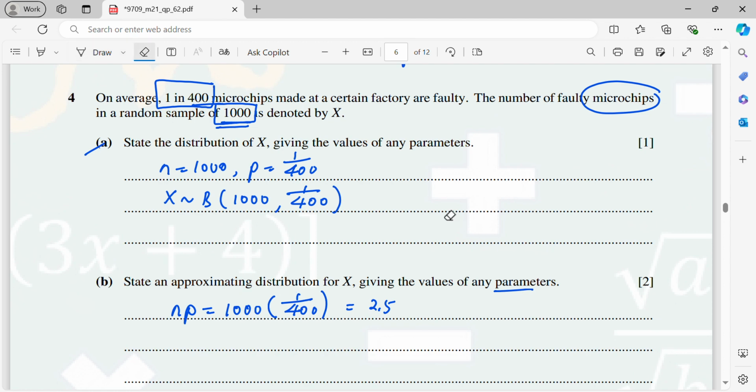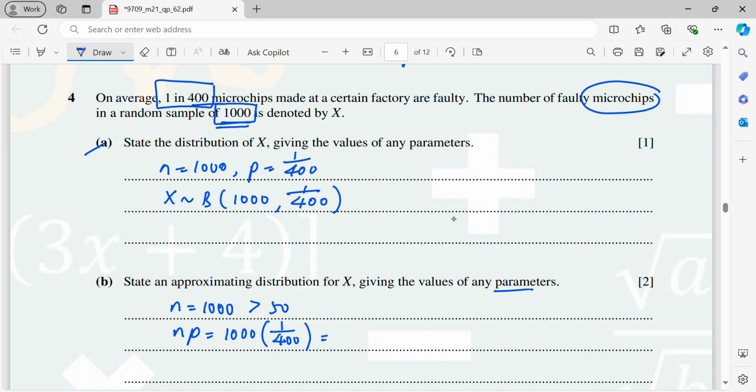I will start with n first. The n is 1000, which is greater than 50. Then np is 1000 times 1 over 400. That is 2.5, and this 2.5 is less than 5.